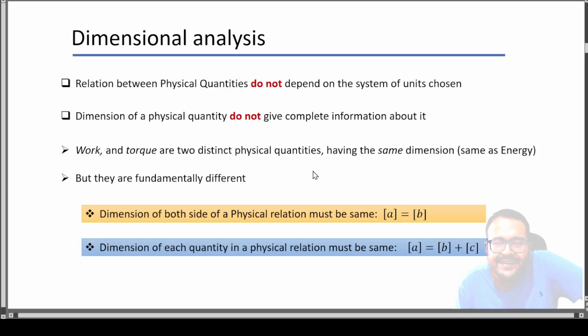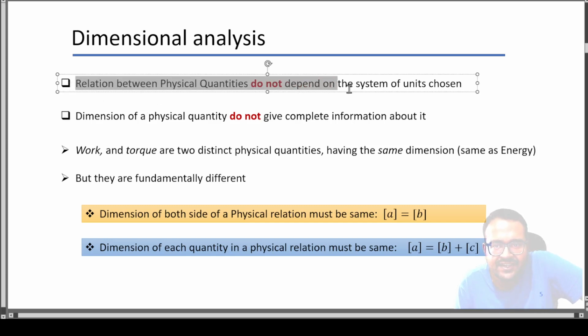Okay. So the first thing about dimensional analysis is that the relations between physical quantities do not depend on the system of units chosen. That means if you choose a CGS unit or SI unit, that does not change the relation between the quantities.